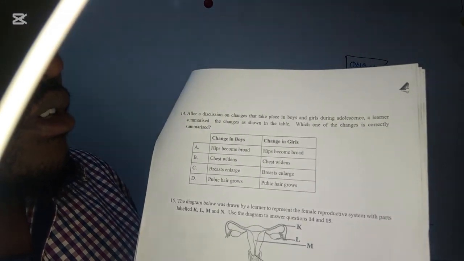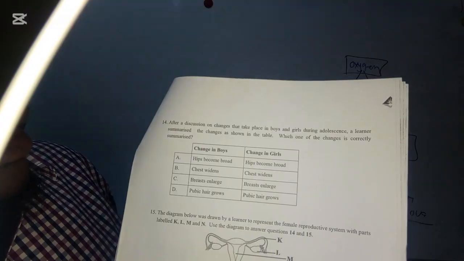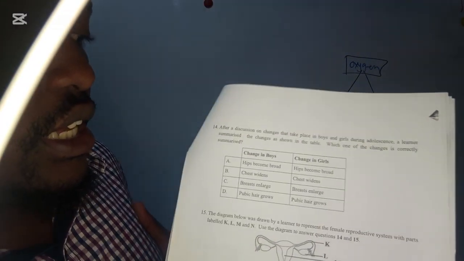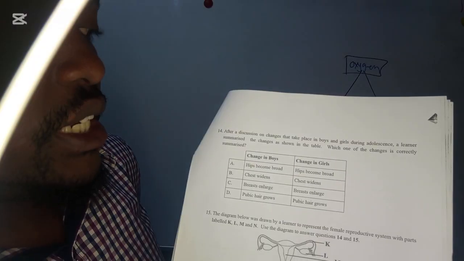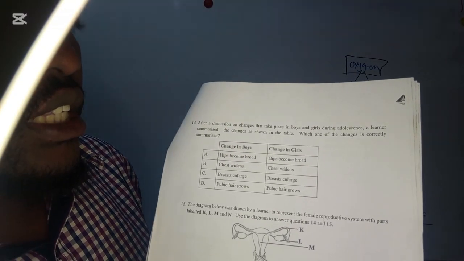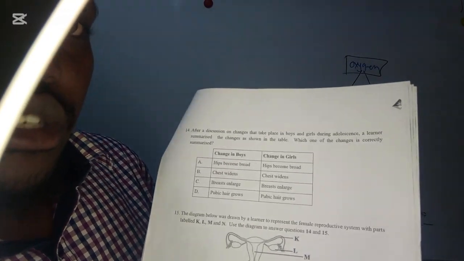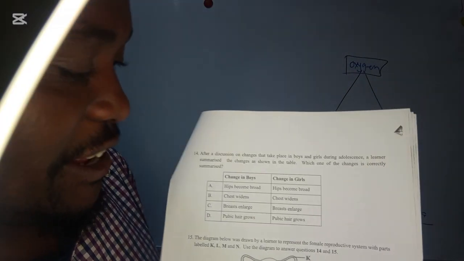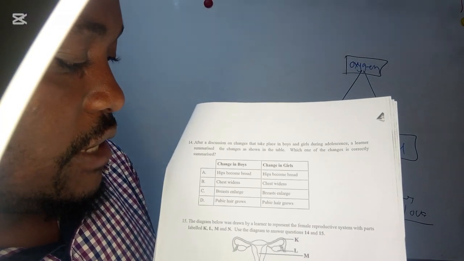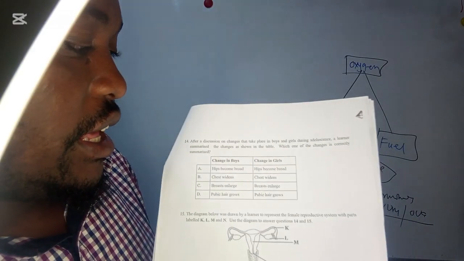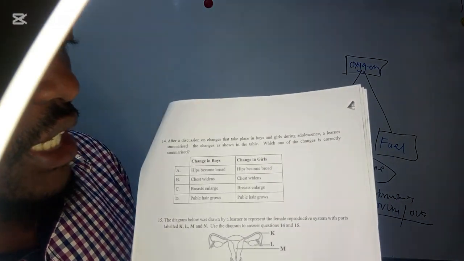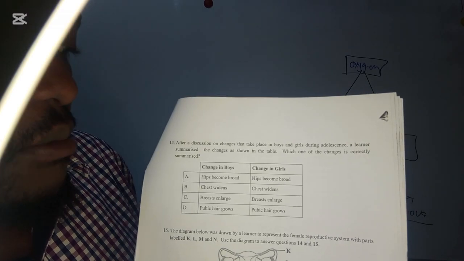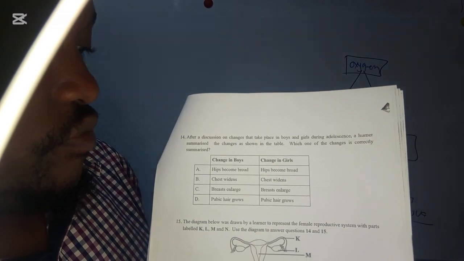B, chest widens for boys and for girls. It is true for boys, but chest does not widen for girls. C, breasts enlarge for boys and girls. It is true for girls, but for boys, breasts do not enlarge.